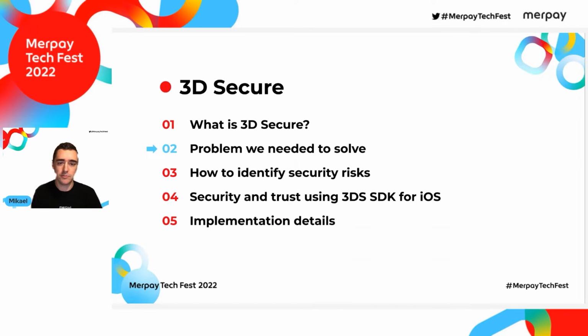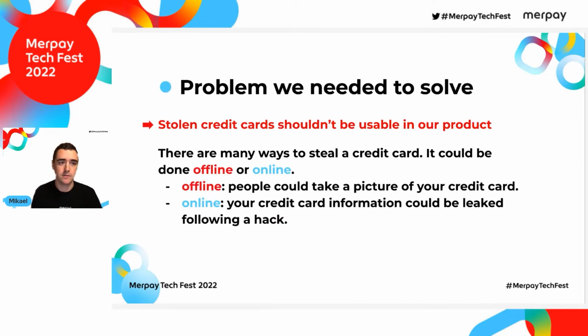So the problem we needed to solve in our case at Merpay was basically that there are stolen credit cards, and stolen credit cards should not be used in our product. There are actually many ways to steal a credit card. Basically, just to illustrate this, you could get your credit card information stolen offline or online.